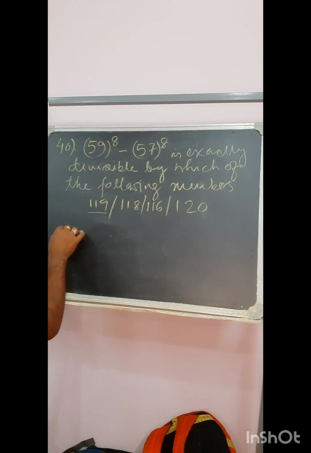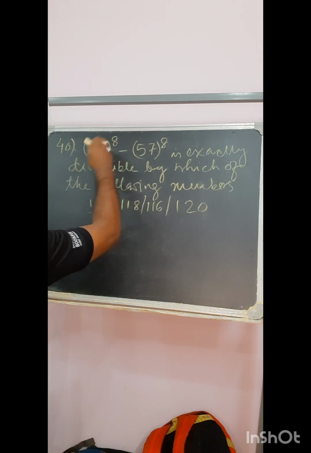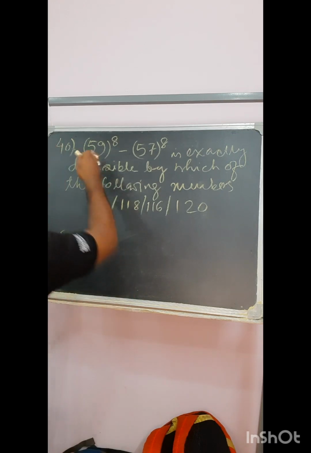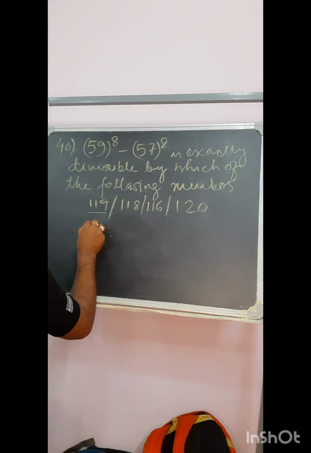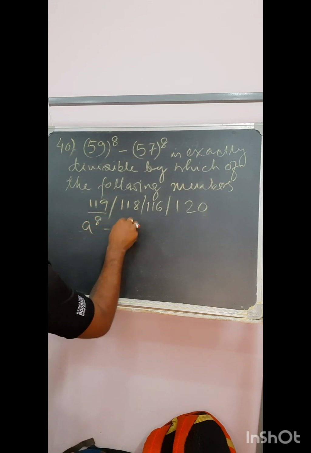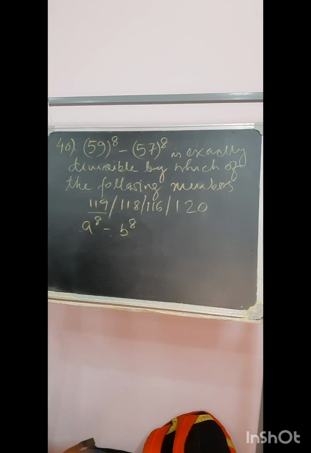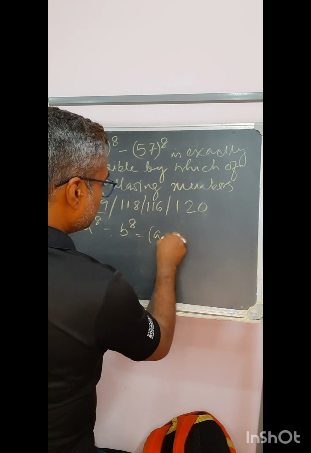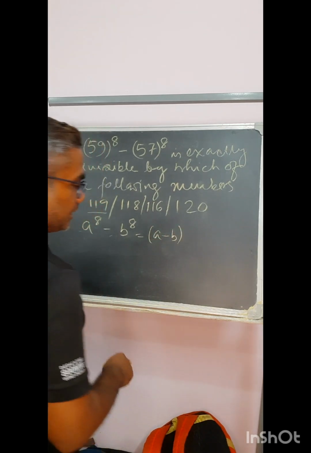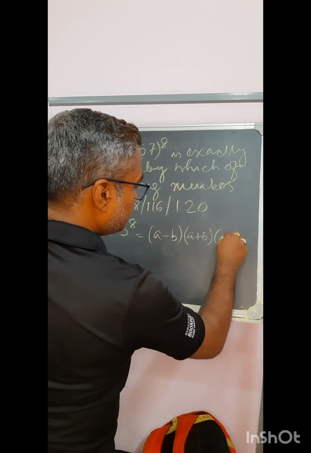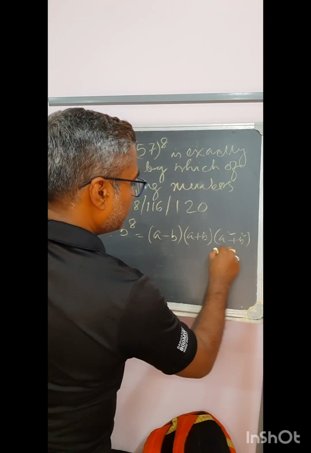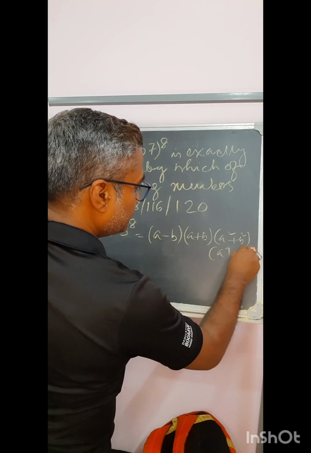So how will I decide? Because this is to the power 8, if I go on multiplying 59, that will be very cumbersome. Rather, if I see the equation, I can express it with factors a minus b, a plus b, a square plus b square, and a to the power 4 plus b to the power 4.